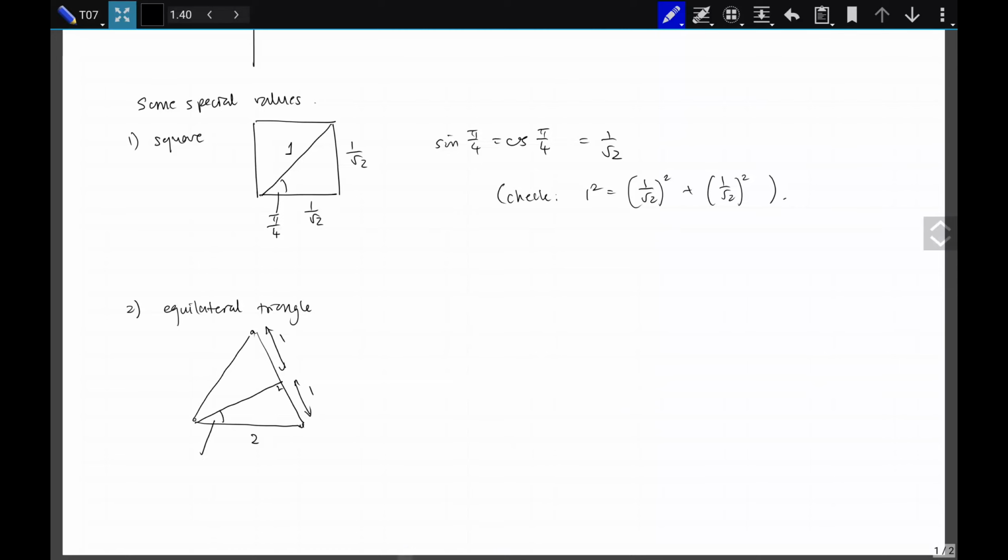So this must be pi by 6, which is half of pi by 3. And therefore, by Pythagoras, we get that this is root 3, and sine of pi by 6 is equal to cos of pi by 3, and that's a half. And cos of pi by 6 is equal to sine of pi by 3, and is root 3 over 2.